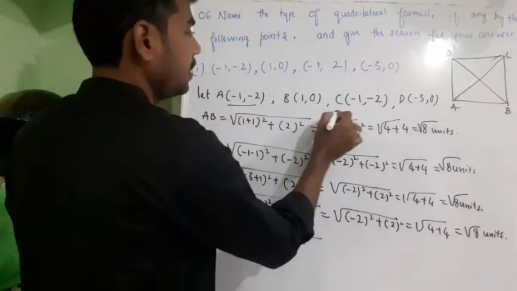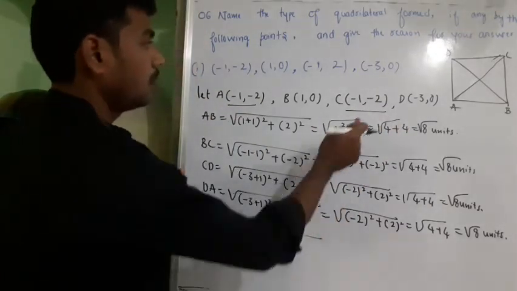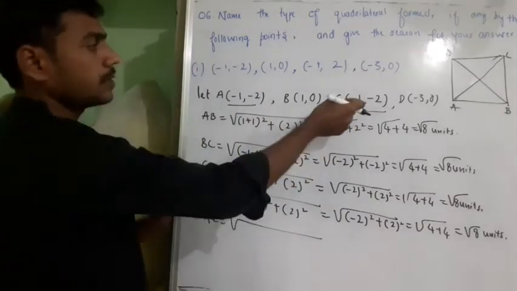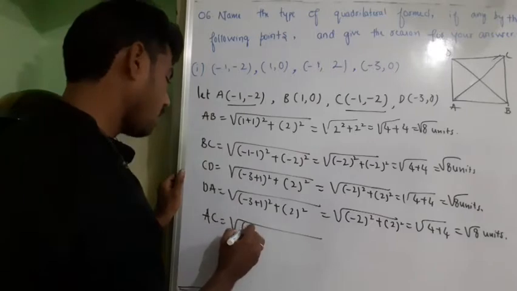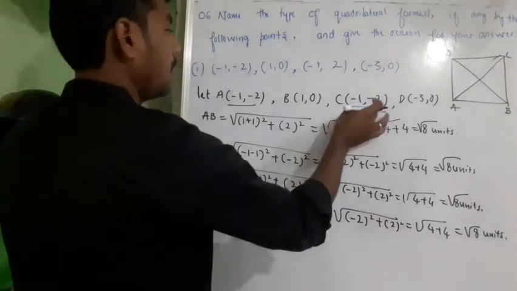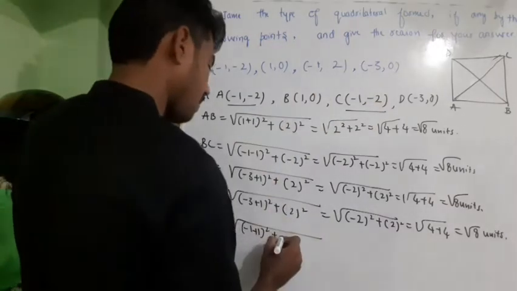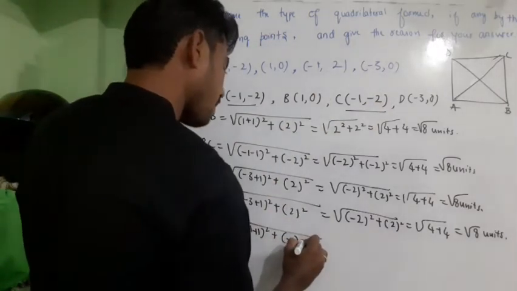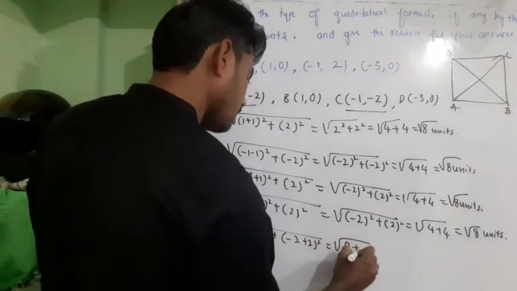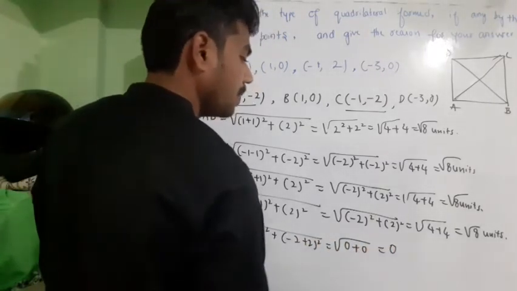This is A and this is C. Fine. Minus 1 of minus 1 is minus 1 plus 1 whole square, plus minus 2 minus of minus 2 is plus 2 whole square, which is equal to 0 plus 0, which is equal to 0 units.